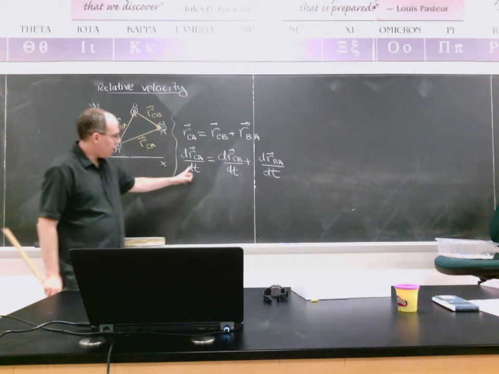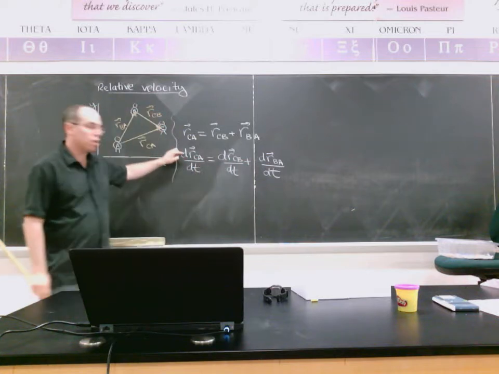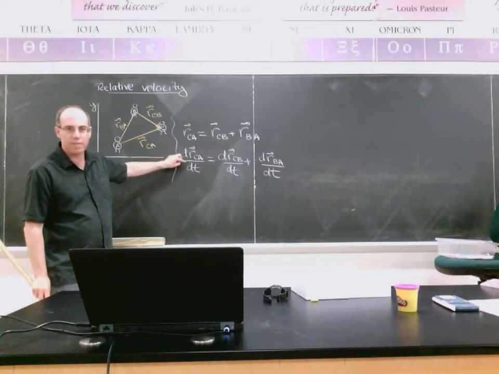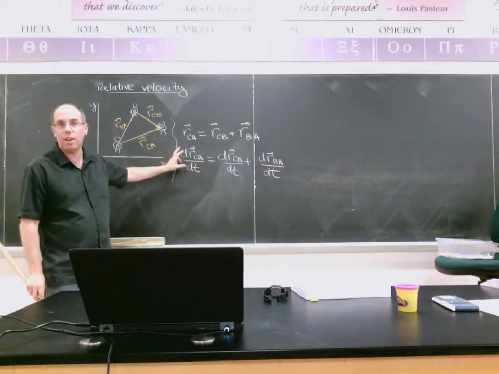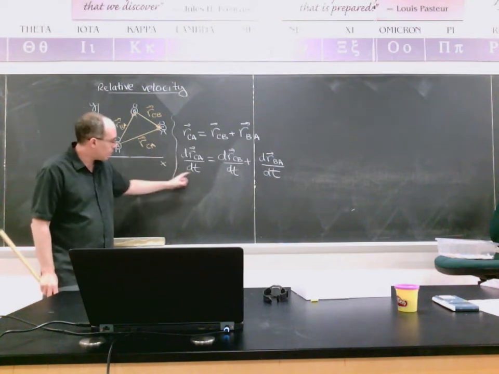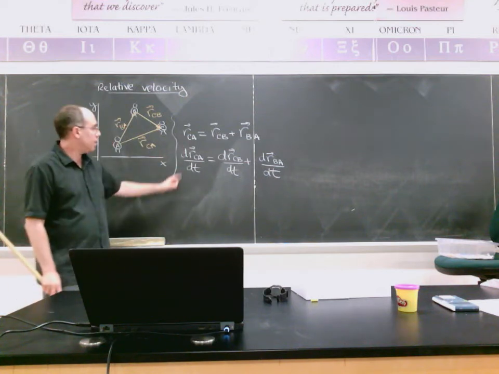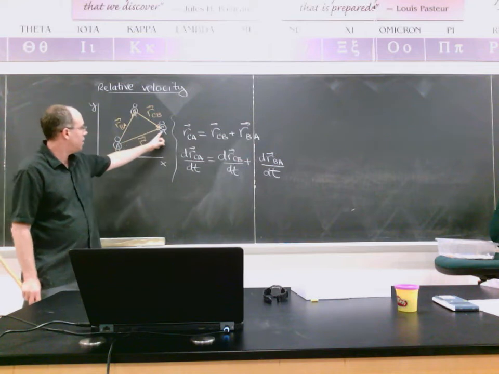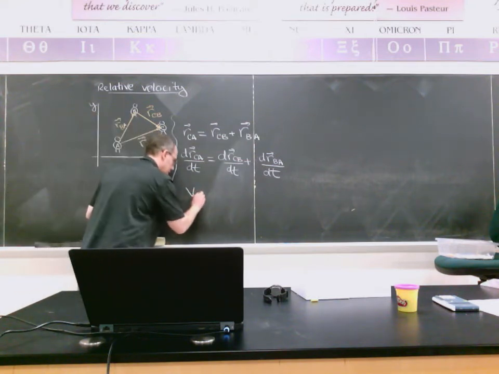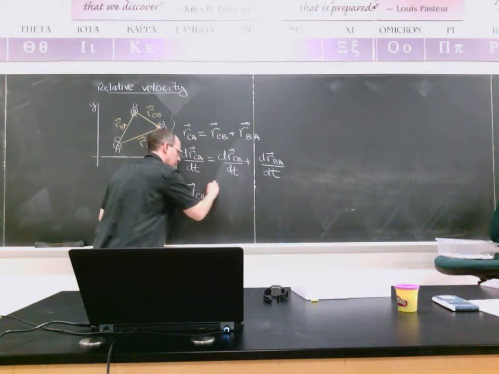Right, so we have all these quantities here which are derivatives of position vectors, and the derivative of a position vector is a velocity vector. Okay? So this expression on the left here would be the velocity of C as seen by person A. Right?